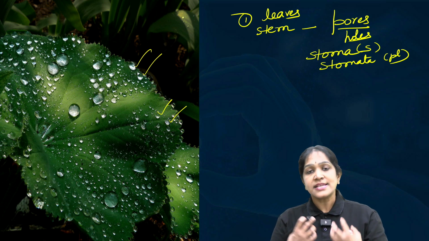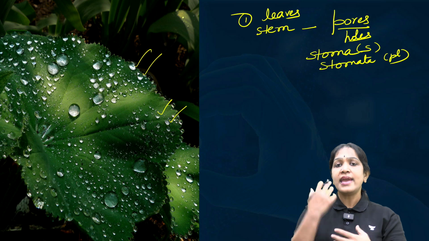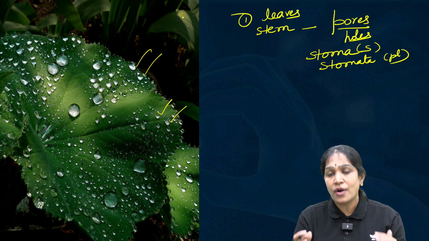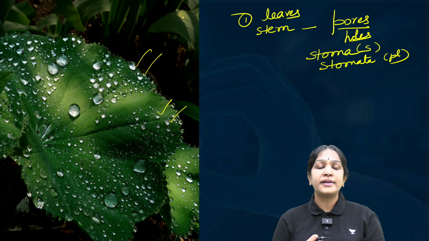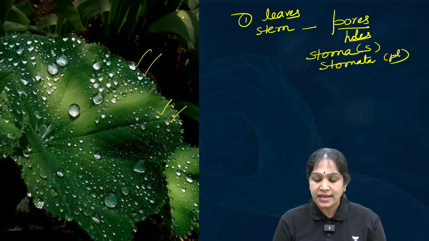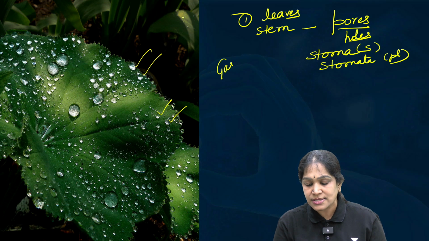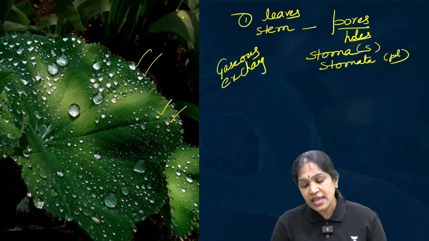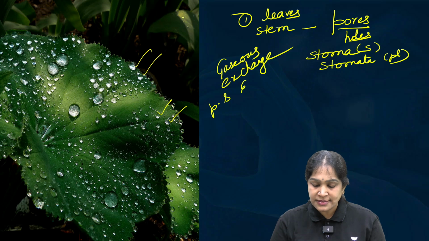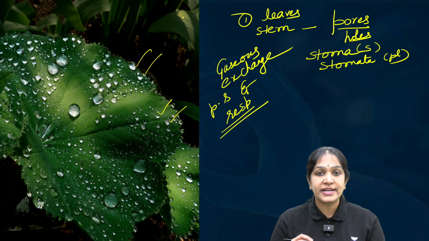It means just like we inhale the oxygen and exhale the carbon dioxide, plants are also inhaling the carbon dioxide and exhaling the oxygen. Means there is gaseous exchange, even in the plants, for photosynthesis and for respiration. This is compulsory, it is needed.